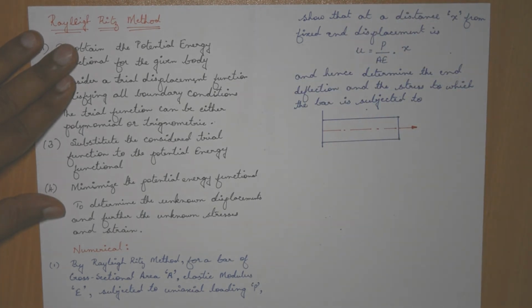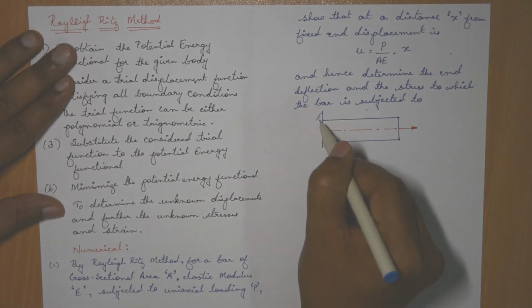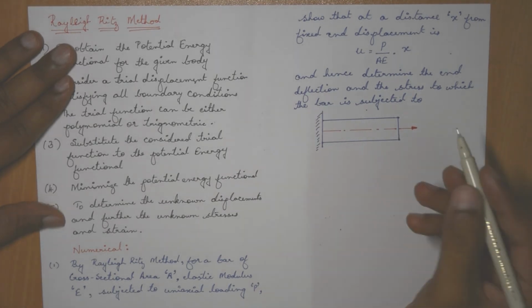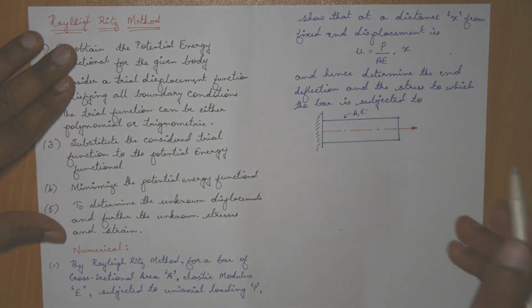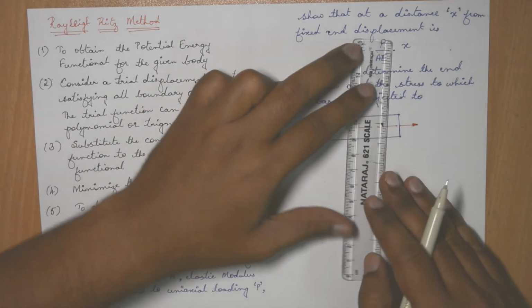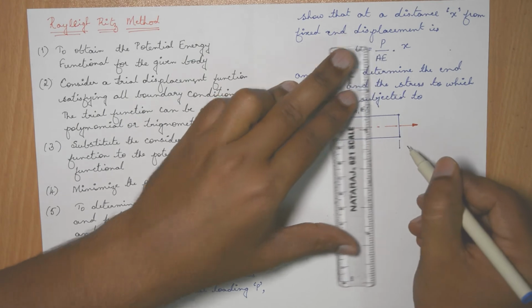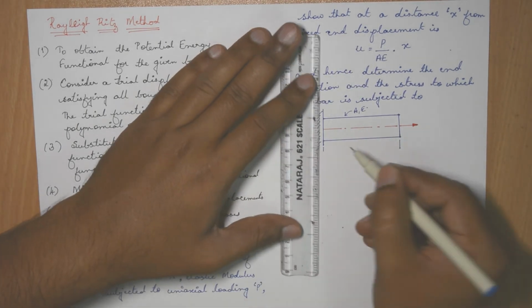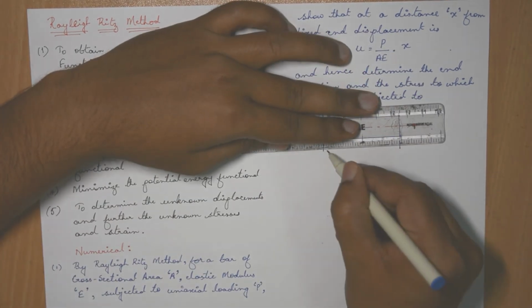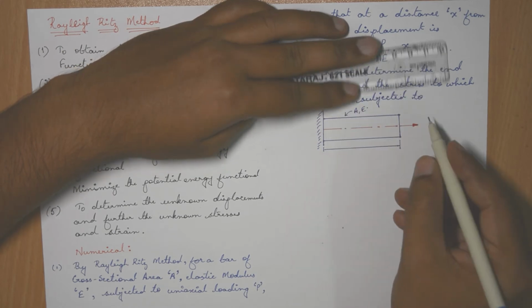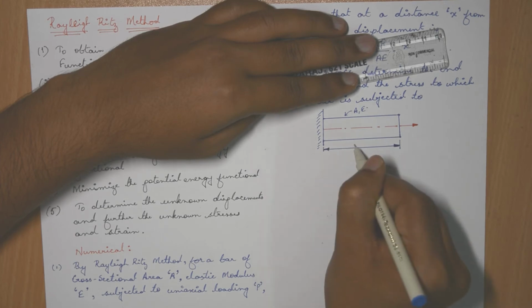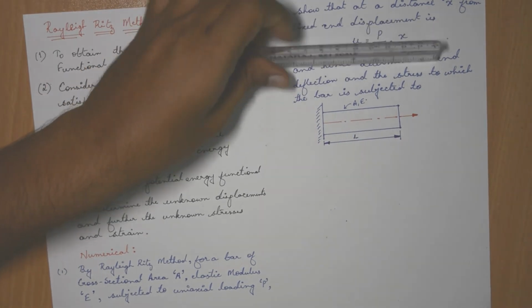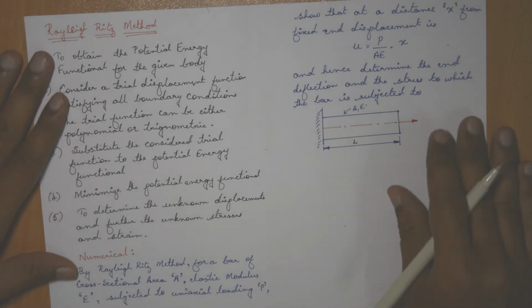One end is fixed, cross-sectional area A, Young's modulus E, the length is capital L. The load that is being applied is P.